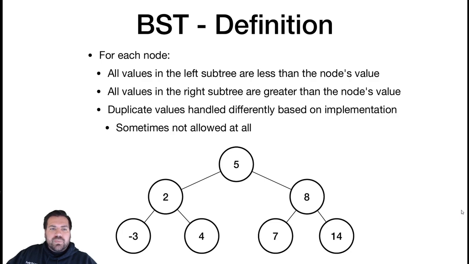And any duplicate values are going to depend on our specific implementation. So if I had two 5s in this tree, where that second 5 goes is going to be dependent on the application. So the equality can vary based on implementation, but the less than and greater than, or specifically using some arbitrary comparator, if that comparator is true or false, that's where the values are going to end up going.